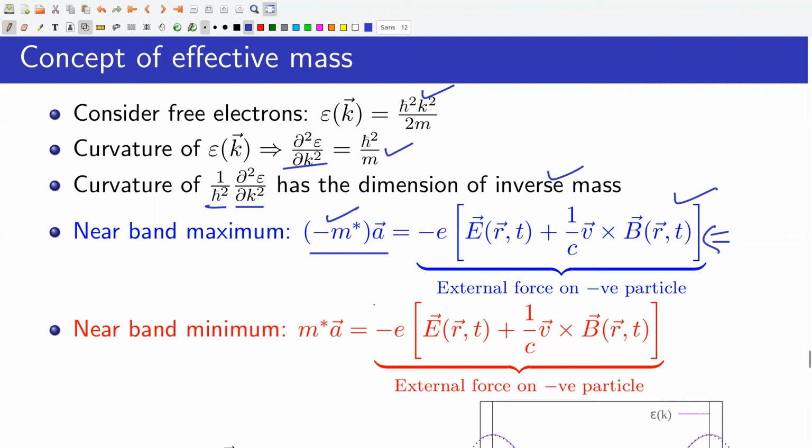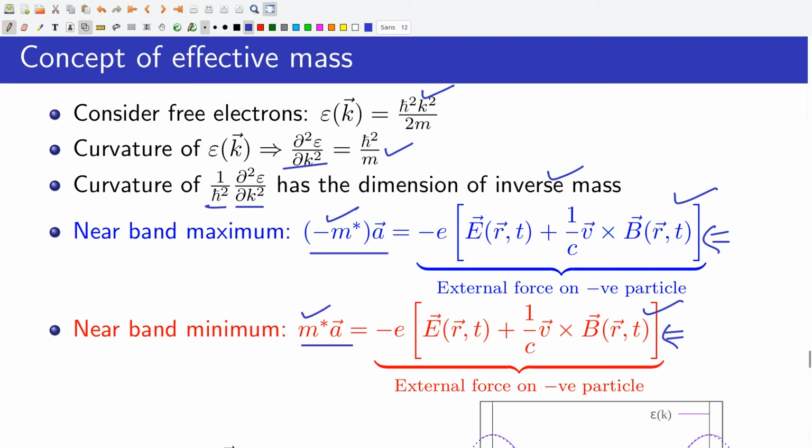Near the band minimum, the equation of motion looks like this. The right hand side of the equation is the Lorentz force on a negatively charged particle. On the left hand side, we have m star times acceleration, where m star is a positive number and it has a dimension of mass.